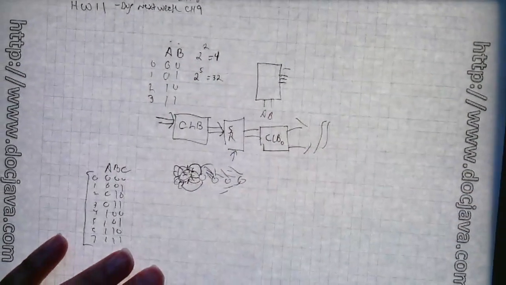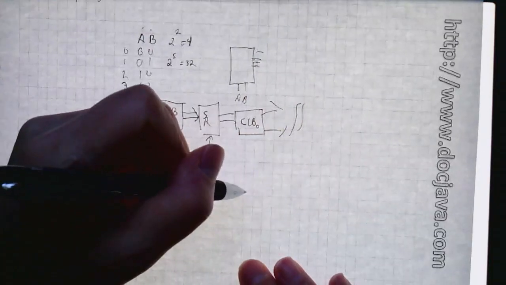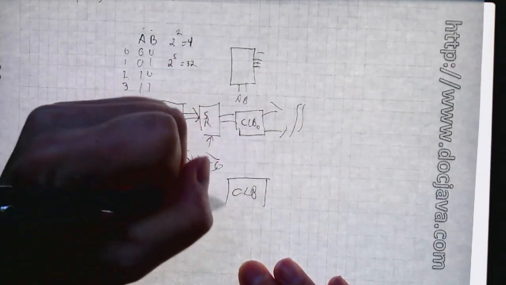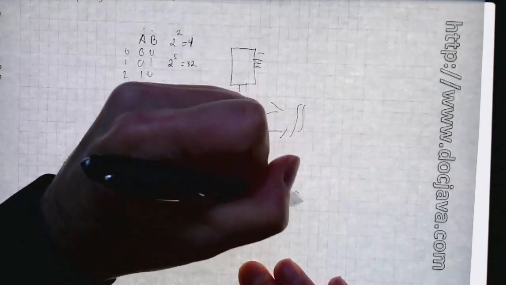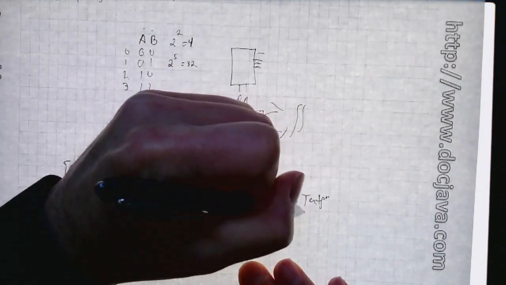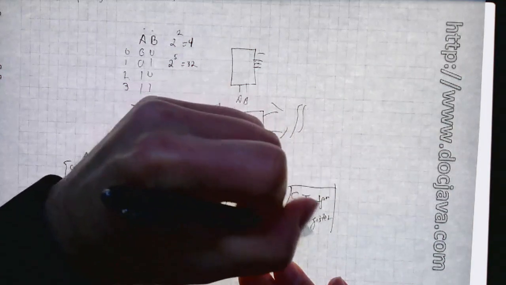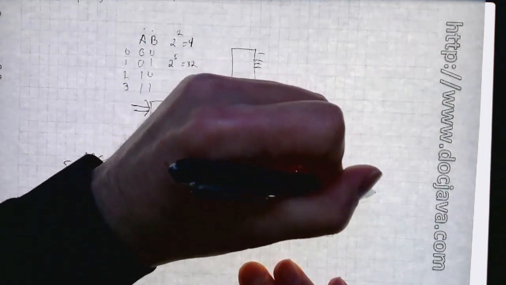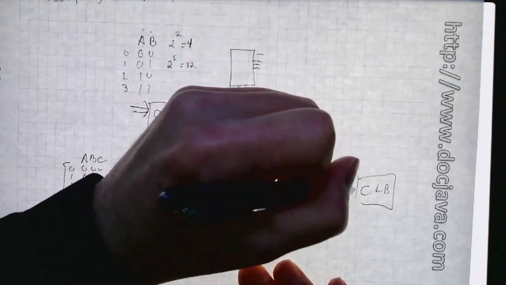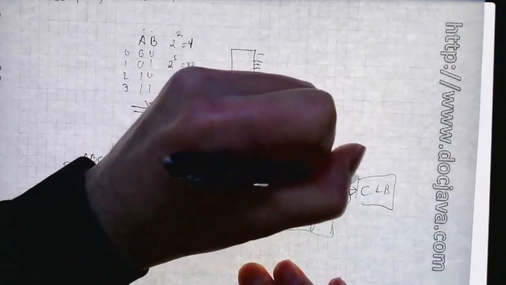So herein lies the interesting thing about Mealy machines. We have the combinational logic block, and we have these states, which I'll call the state register. And now we have more combinational logic, and it is a function of the state register and the input.